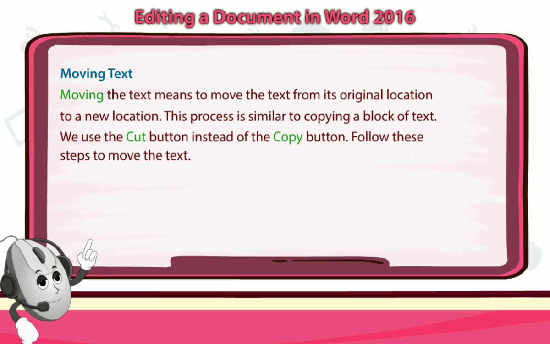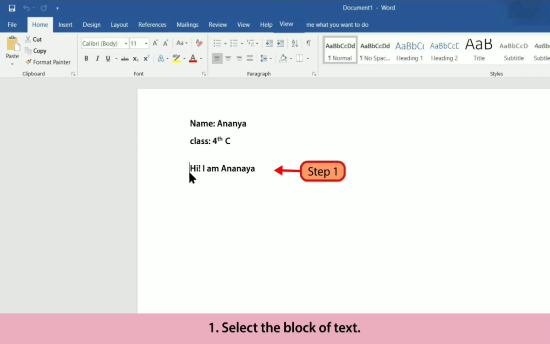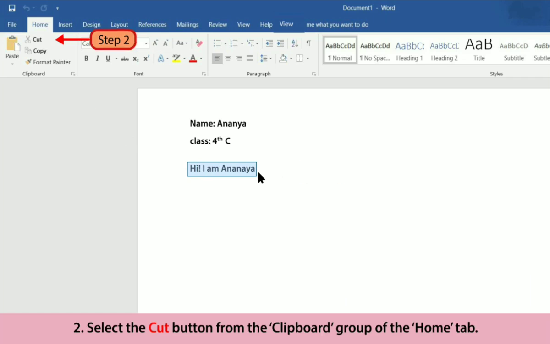We use the cut button instead of the copy button. So follow these steps to move the text. Select the block of text that you want to move. Select the cut button from the clipboard group. It is on the home tab.